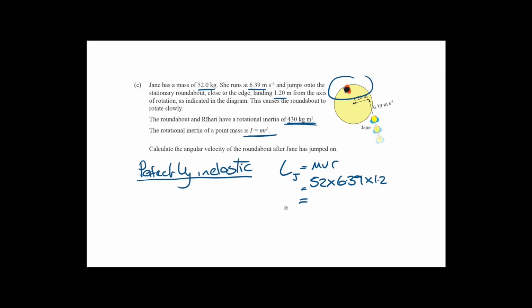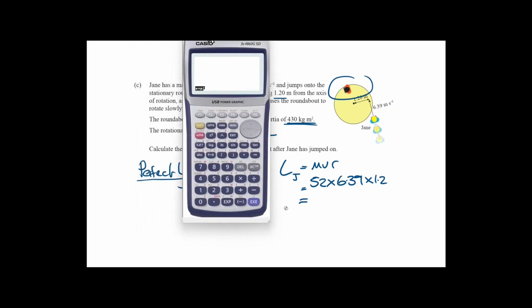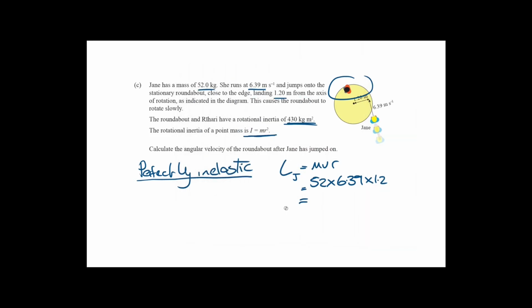So let's grab our calculator and work it out. 52 times 6.39 meters per second times 1.2 meters away from the center, 398.736 amount of angular momentum.